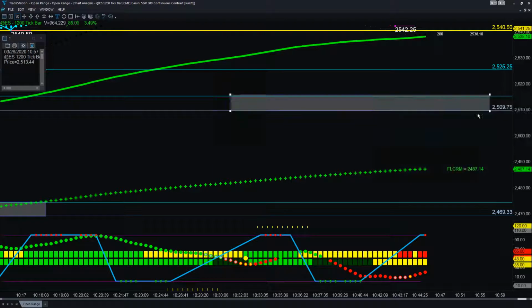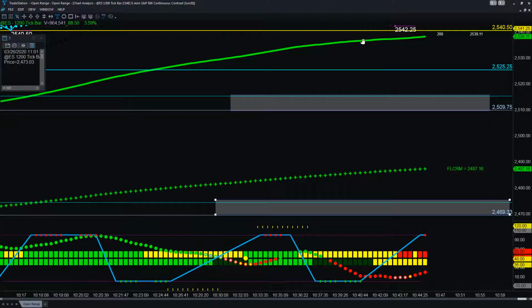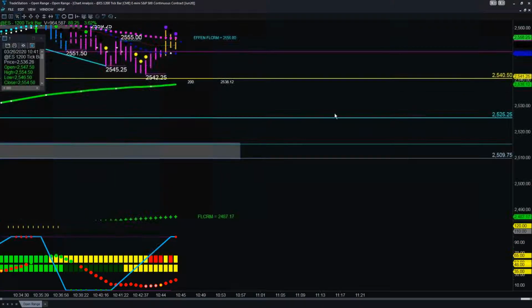So this is an untested pivot area, and this is an untested pivot area. We'll see if at some point they come down to here.